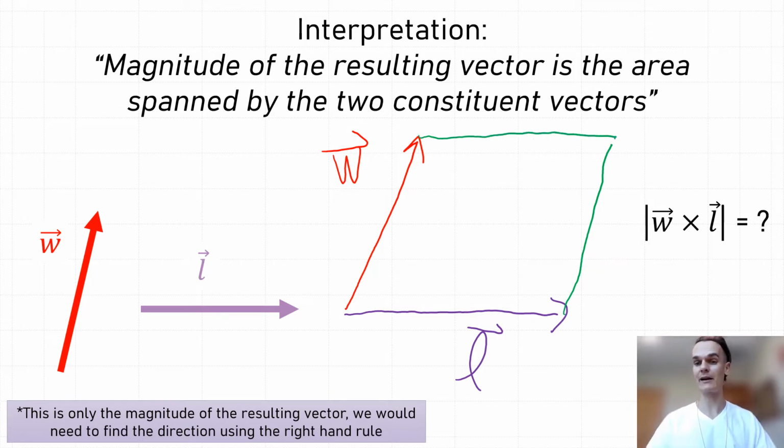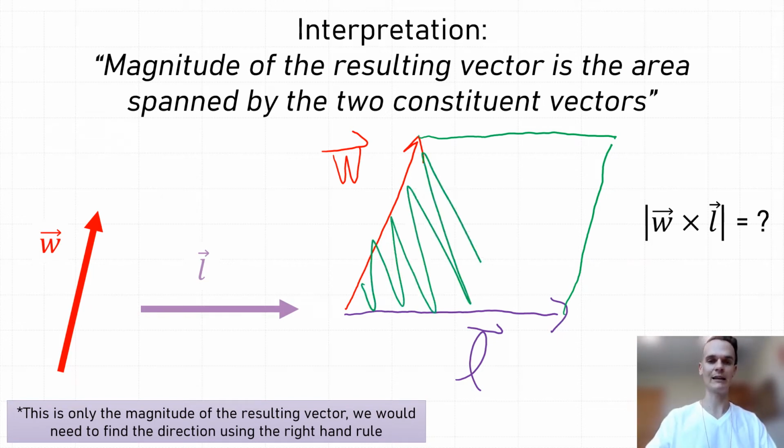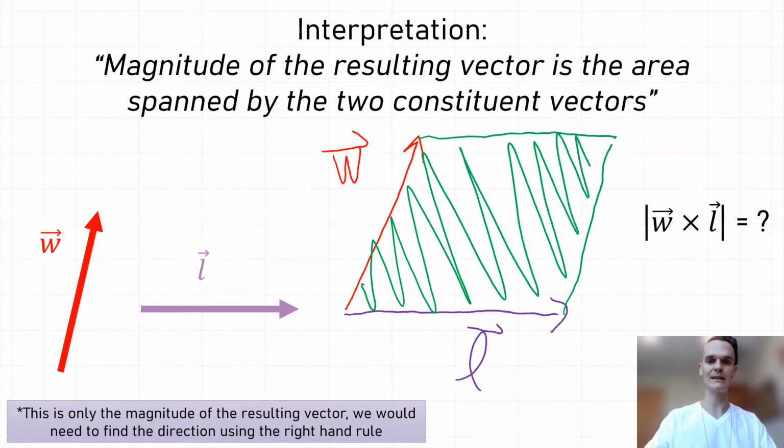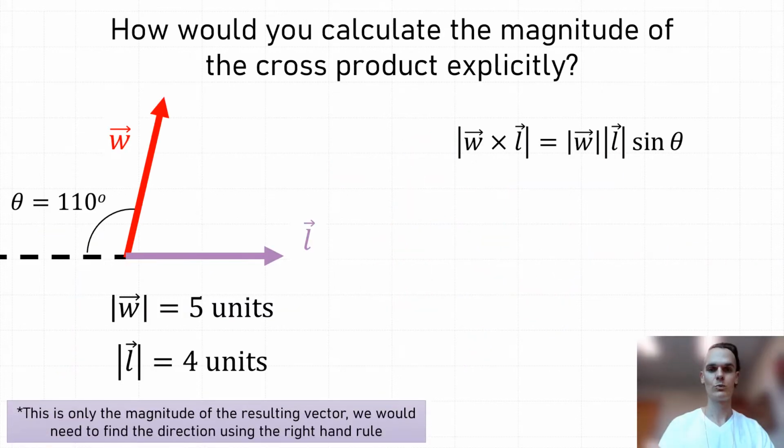So the area of this parallelogram, the area that I'm shading in here, is going to be equal to the magnitude of the cross product between vectors W and L. So the area of the parallelogram is equal to the magnitude of the vector outputted by the cross product. And this is the graphical representation of that magnitude.